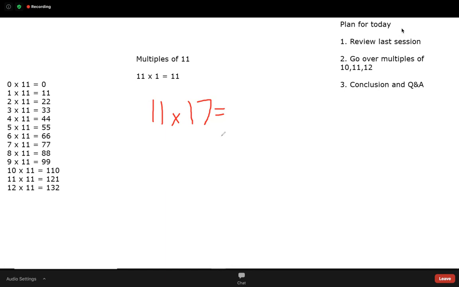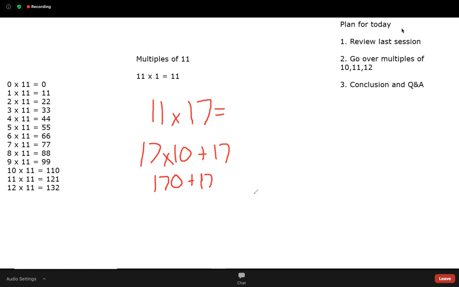Okay, a lot of people are getting the right answer now, so let's see how they did it. First, you do 17 times 10 plus 17 times 1, which is just 17. So first we do 17 times 10, which is just 17 with a 0 behind it, and 170 plus 17.